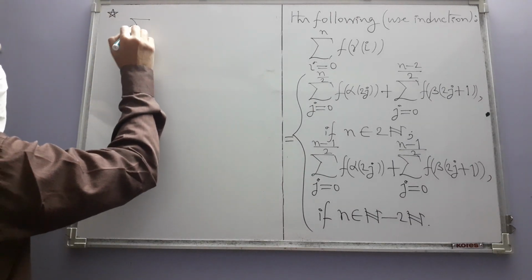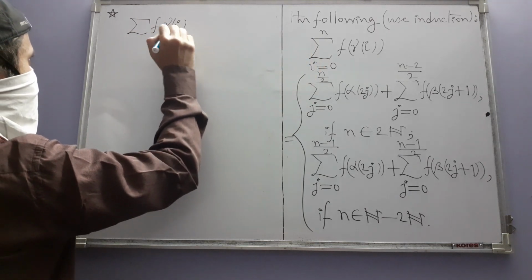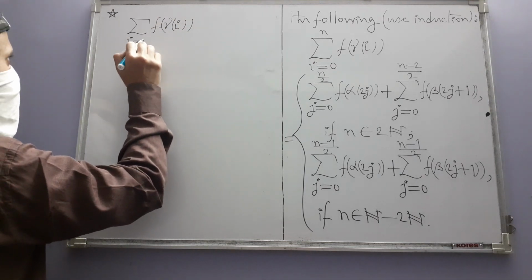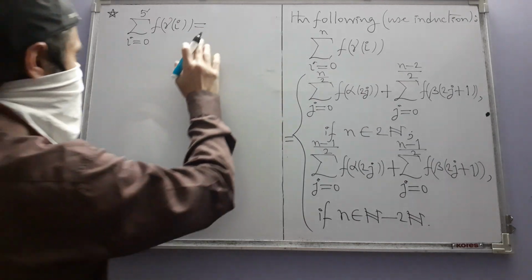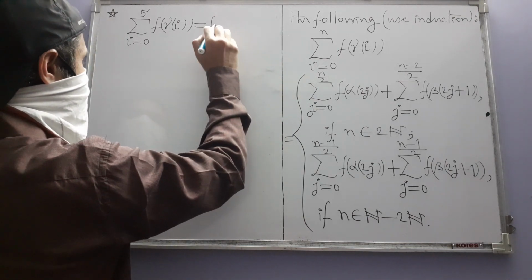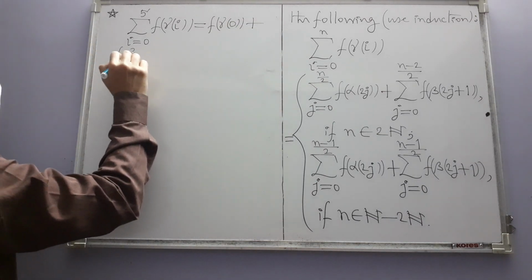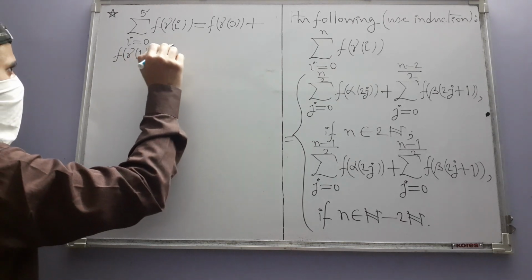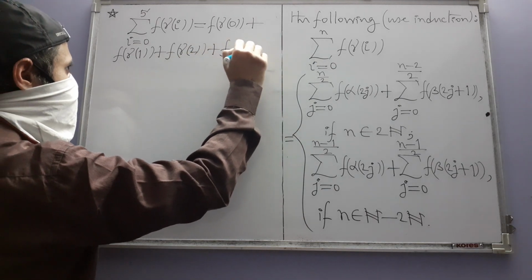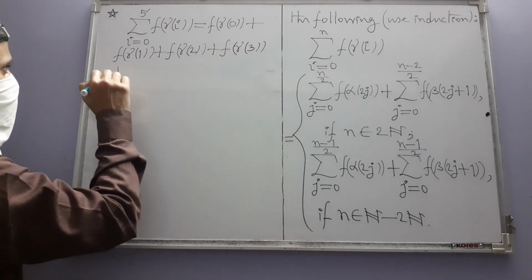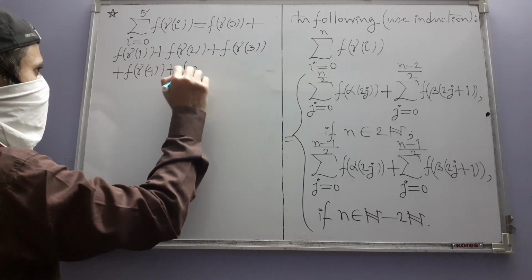So if n is 5, then this becomes what? For this, we need not think about anything, we just write the sum: f of gamma of 0 plus f of gamma of 1 plus 2 plus 3 plus 4 plus 5.